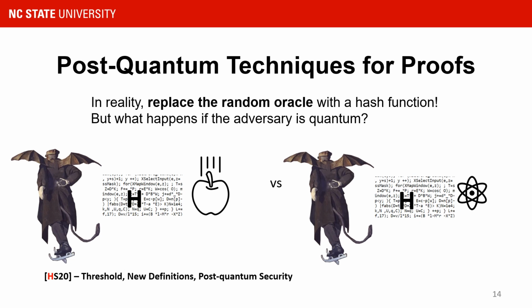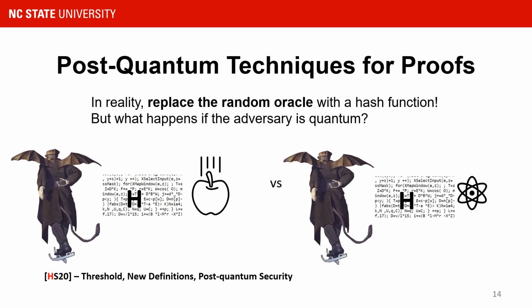Now, in reality, if we're replacing the random oracle with a hash function, then we have to consider whether the adversary can use that hash function in a quantum way. So before the work that I did on threshold ring signatures, which we'll see in a bit, other ring signature schemes that claimed to be post-quantum because they used a post-quantum hard problem actually only considered classical access to the random oracle.